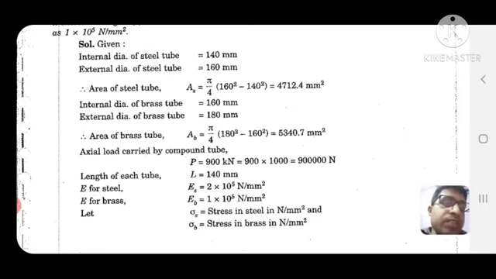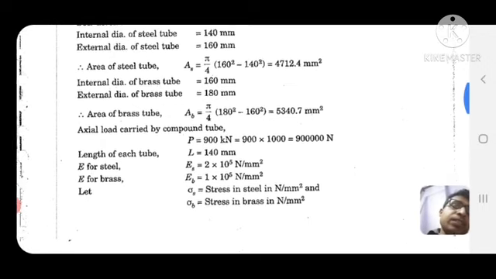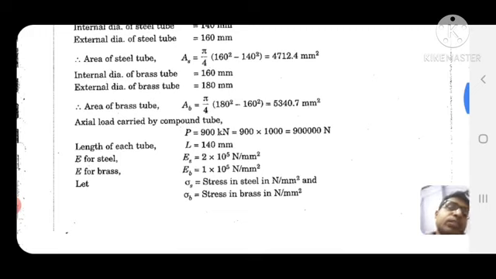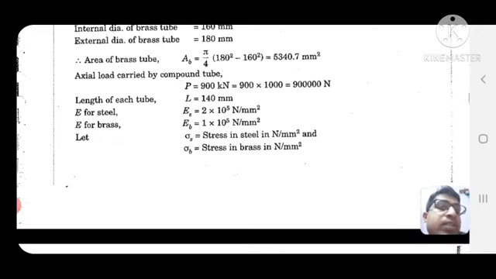Internal diameter of the brass tube is equal to 160 millimeter, and external diameter of the brass tube is equal to 180 millimeter. Area of the brass tube AB is equal to 180 square minus 160 square into pi by 4. So that is equal to 5340.7 millimeter square. Axial load carried by the compound tube P is equal to 900 kilonewton.